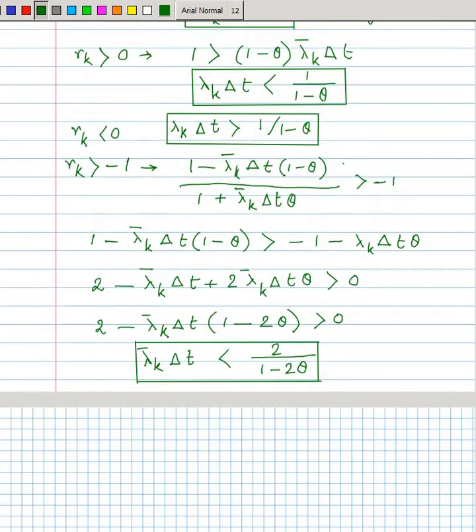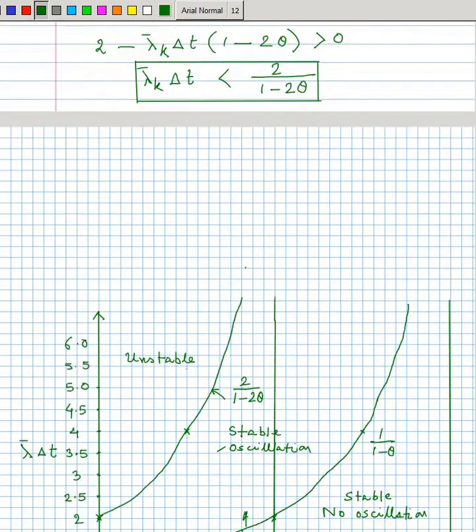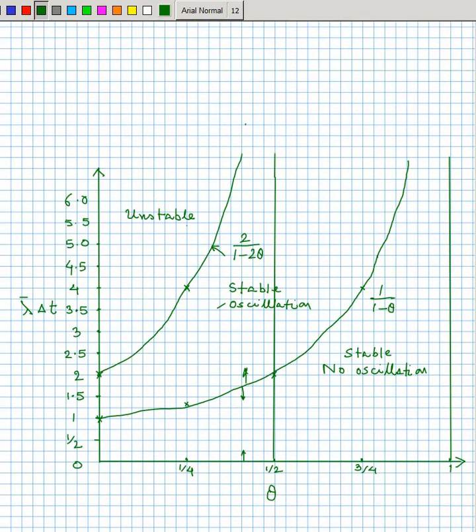And if lambda_k bar delta t is greater than 2 by 1 minus 2 theta, it is unstable. So this portion is unstable, and here you can see.